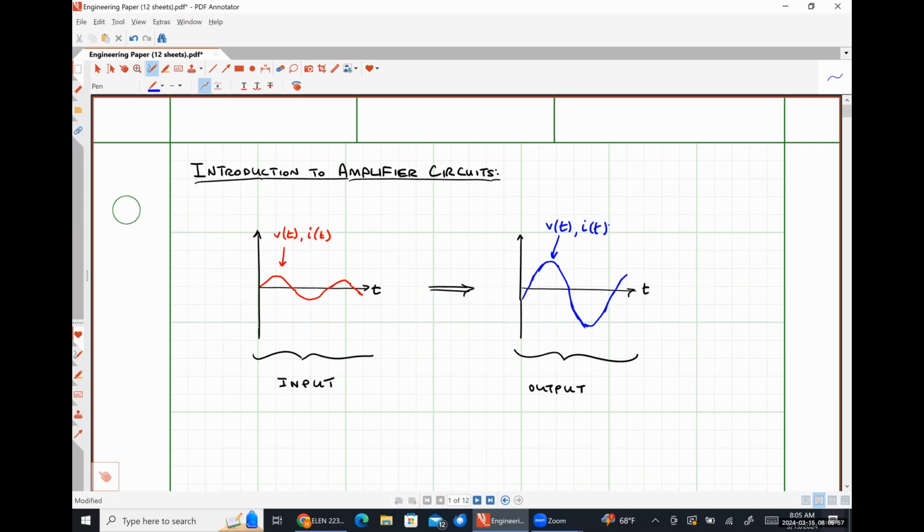So in order for us to get from this input signal to this output signal, which is just a scaled version of the input signal, so they're both sinusoidal, there might be some phase difference. We'll worry about that kind of stuff when we need to. We really have two distinct options in order to scale a signal up.